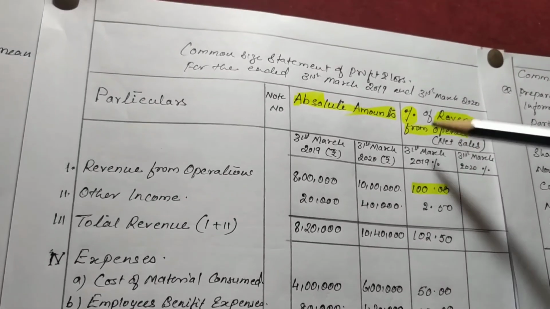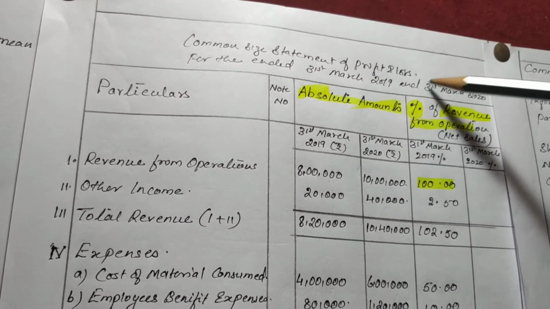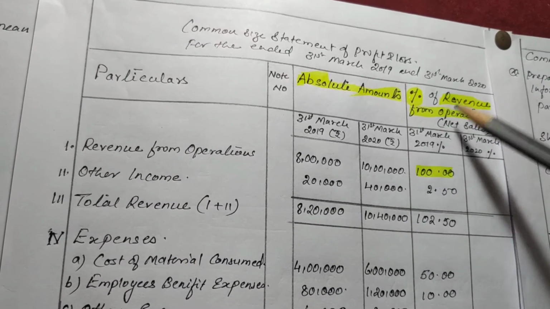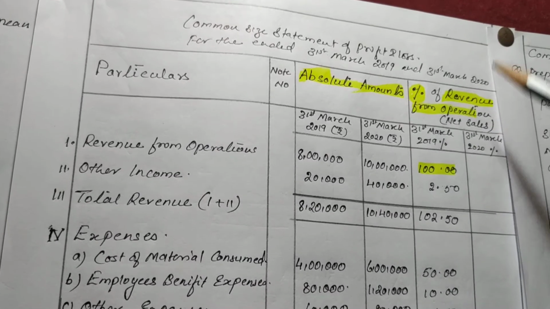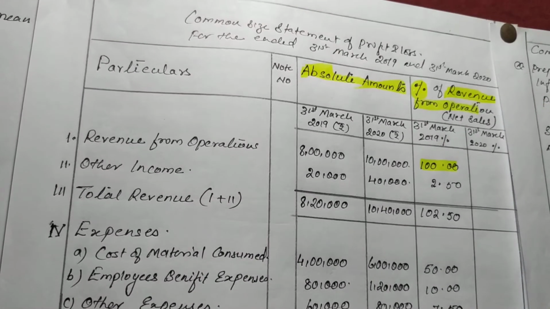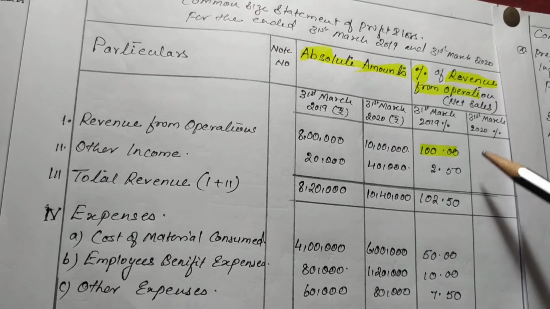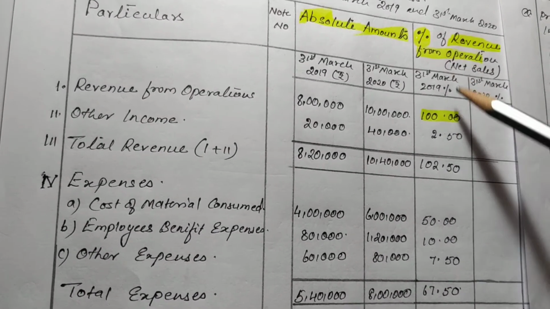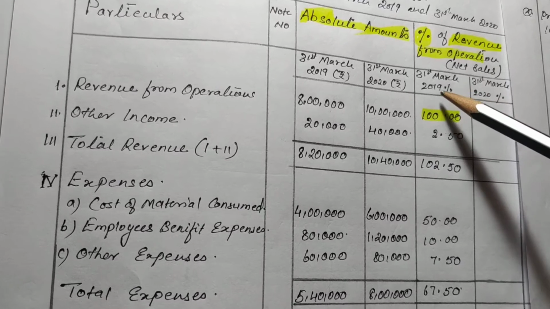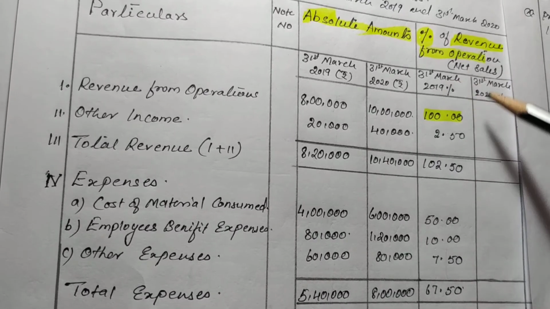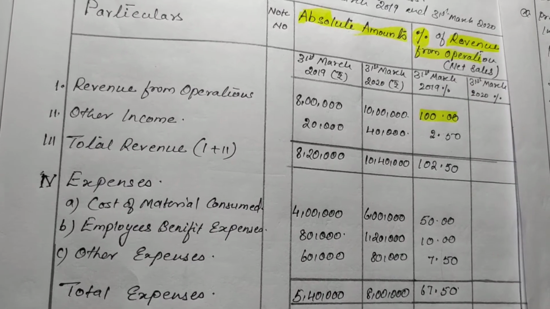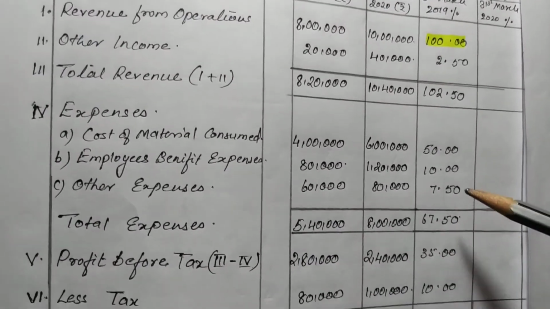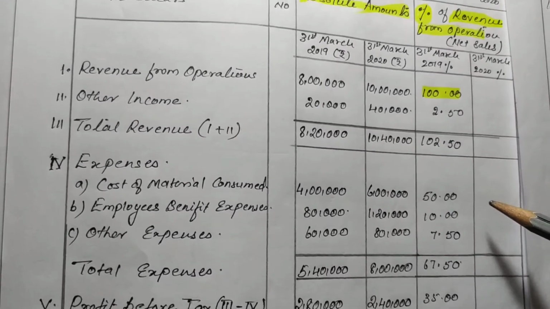Then, since it is a statement of profit and loss, here we will consider the percentage. Common base will be revenue from operation, and that will be taken as 100. Revenue from operation will be taken as 100 here. And the percentage of revenue from operation is for 31st March 2019 and 31st March 2020. I had solved for 31st March 2019 and you have to solve it for 31st March 2020.